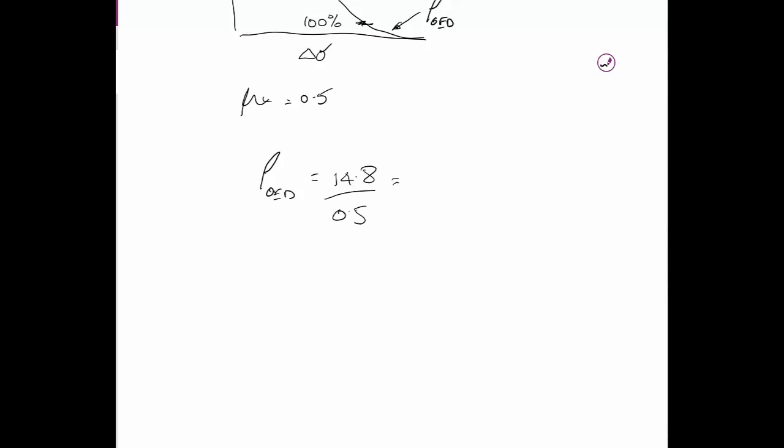So this additional creep that's going to occur is 29.6 millimetres for rho odometer. Okay, hopefully that explains the week 5 tute. If you've got any questions, feel free to ask me in the lecture.